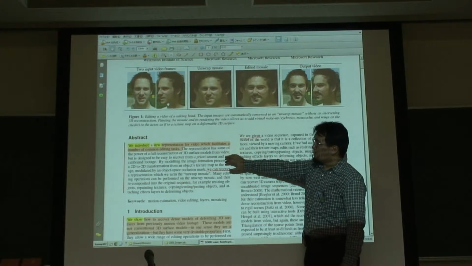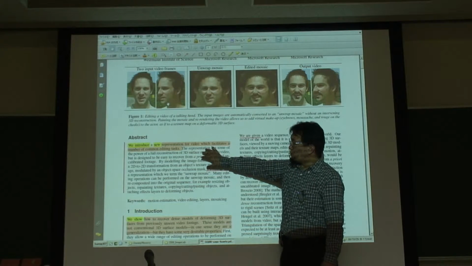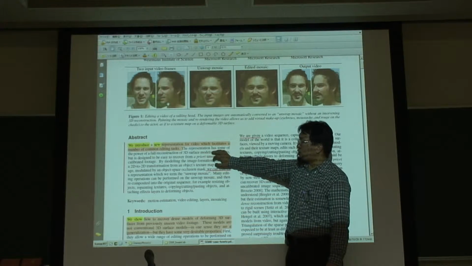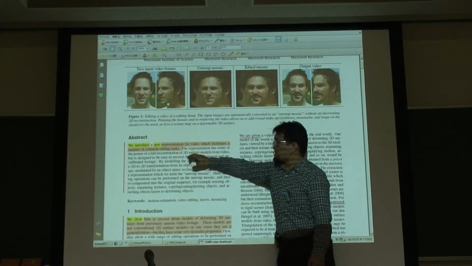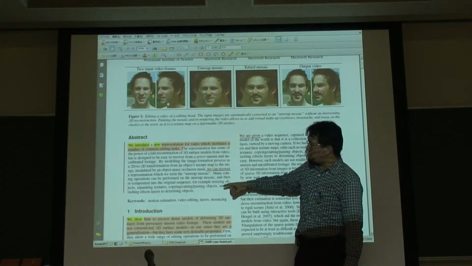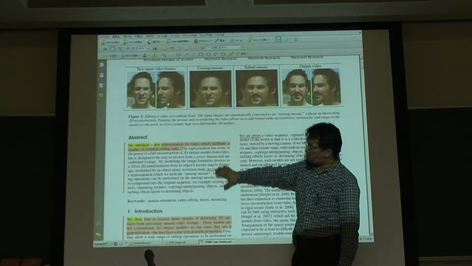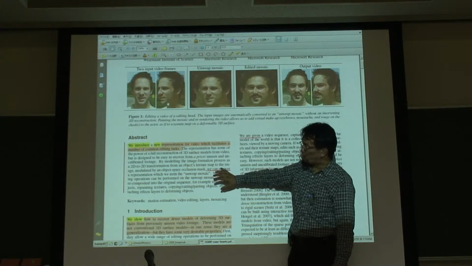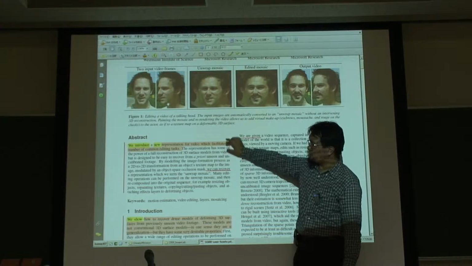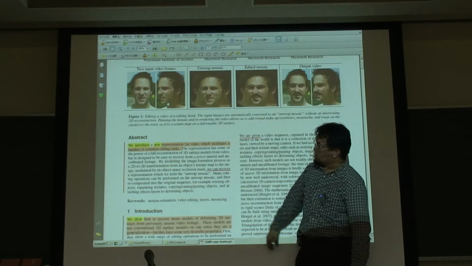Then they follow with a detailed description of what this representation is. They also add additional information, but this part is really important.